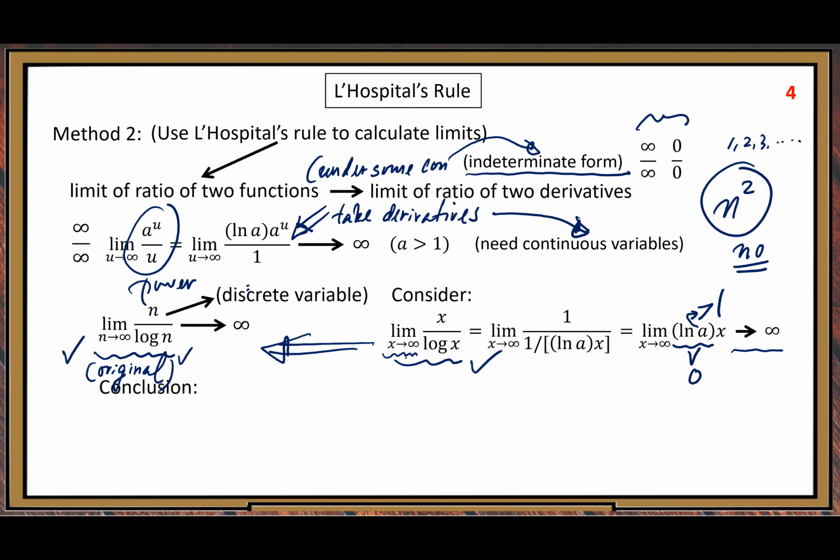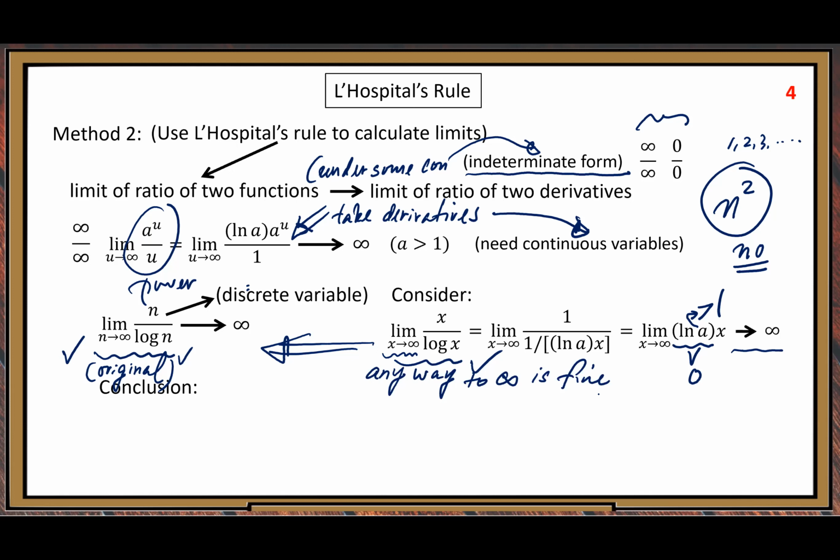By the limit definition, any way of going to infinity is okay. Any way is fine. So here, let me write: any way to infinity is fine.